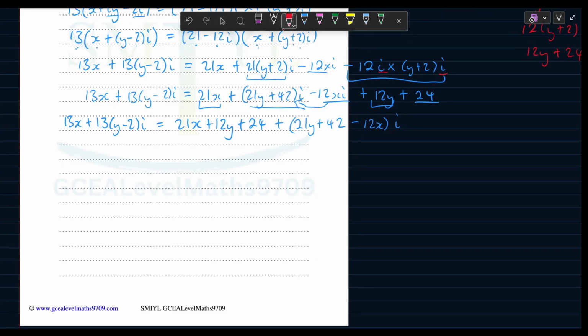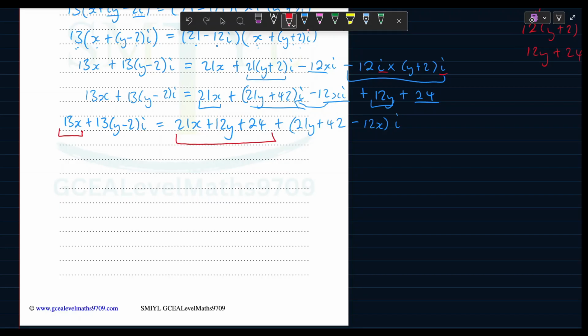So on the left, the real part is going to be this 13x, because that's the only term without an i. And then on the right, the real part is going to be all these three terms, because they don't have i. So two complex numbers are equal if and only if their real parts are equal as well as their imaginary parts are equal.